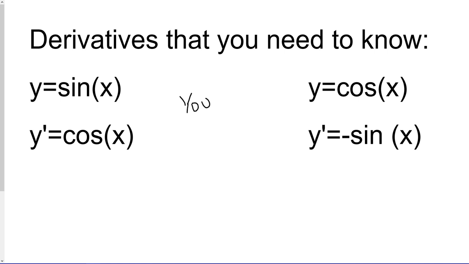Must know these. It is a requirement. Everything you need to know is derived from these two derivatives. Okay, you can figure out any other derivative in working with trig functions as long as you remember these two.